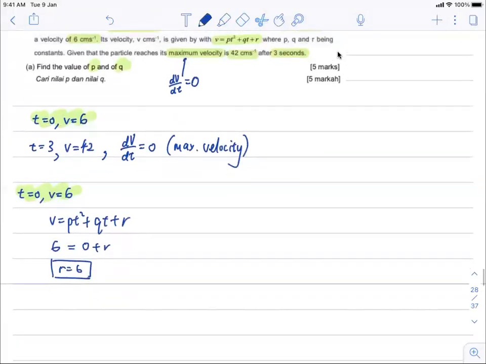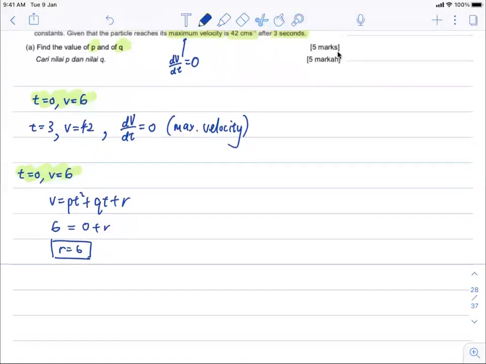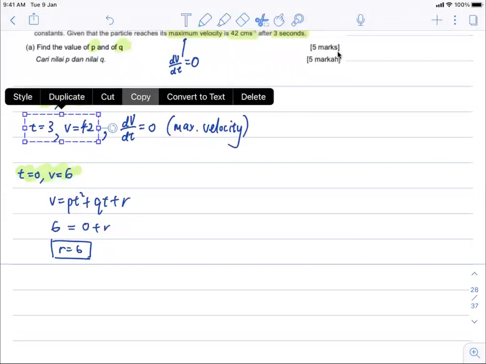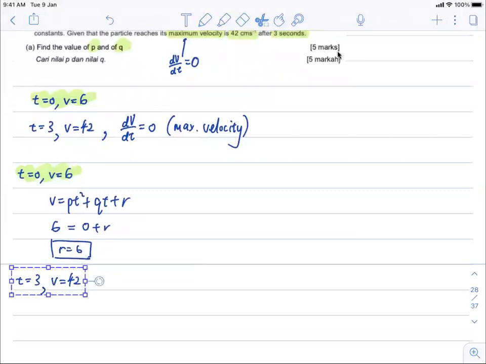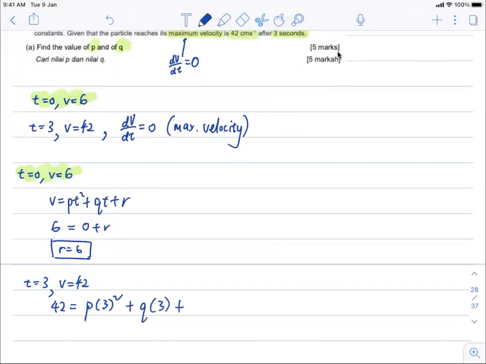Now we can substitute in the next set of values, this one. So again, substitute in v equal to 42, t equal to 3, plus q, t equal to 3, plus r is 6.